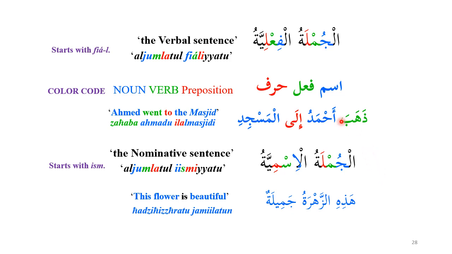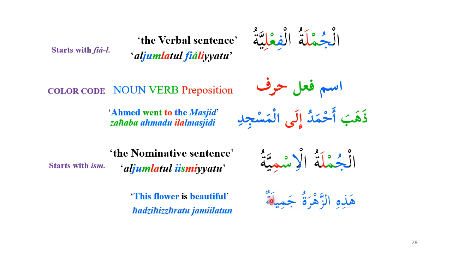And then one difference between these two is that jumlatul ismiyatu has no verb. In English, this is not possible, right? This flower is beautiful. There is a verb, but in Arabic there's no is, and hazihi zahratul jamilatu, right? Hazihi zahratul jamilatu, this flower is beautiful.